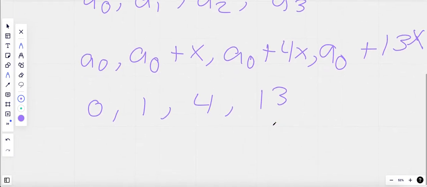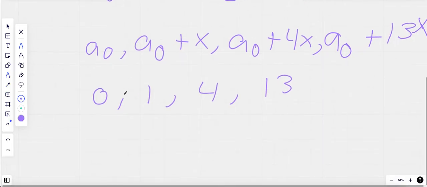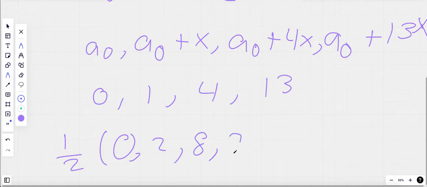So we now have a new sequence, and if we are able to find out what the formula for this sequence is, then we can plug it in here and easily find the general formula for all sequences. Now, the best way to do this is to notice that if we multiply each of these terms by 2, we get 0, 2, 8, 26, and then take half of these to maintain the original.